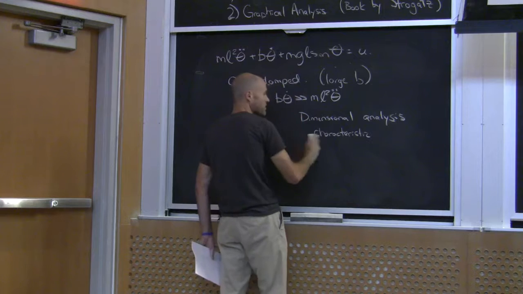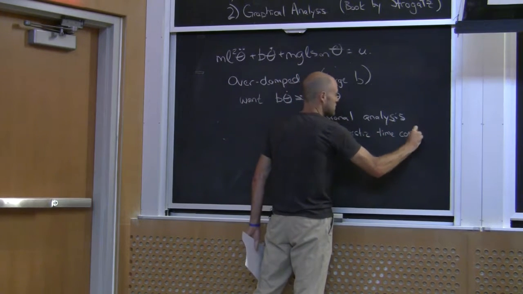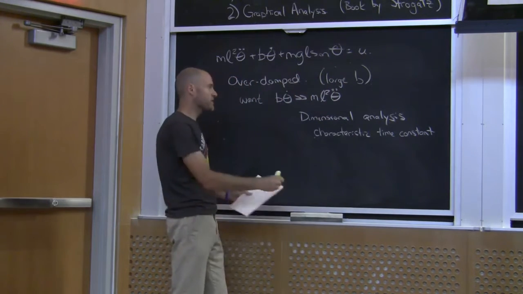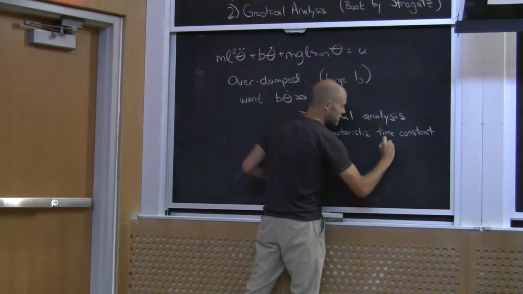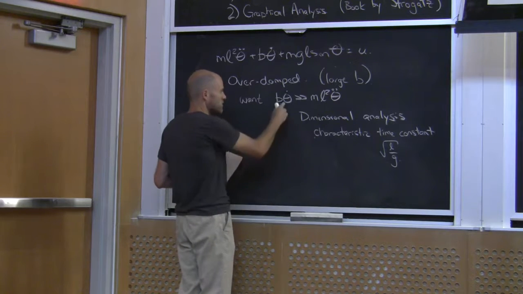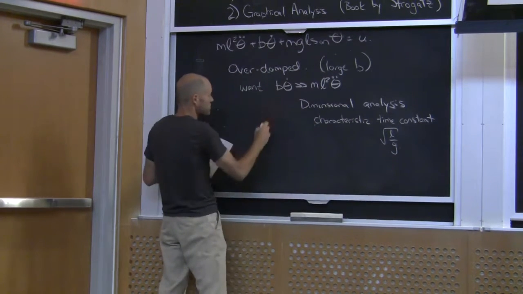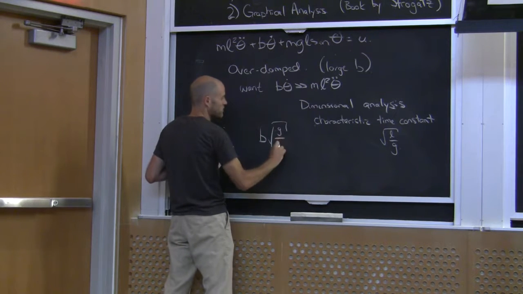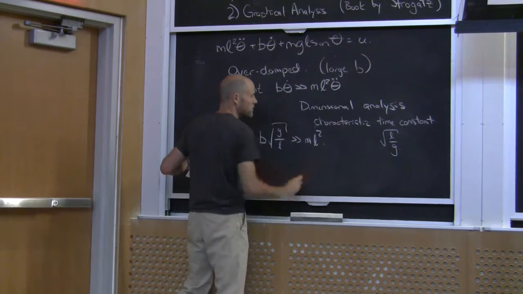This is just an aside. For the pendulum, the standard characteristic time constant is the period of the pendulum. We use square root of L over G. So to get the units right, what I want to say is that my system is really overdamped if B times square root of G over L is much, much bigger than ML squared.